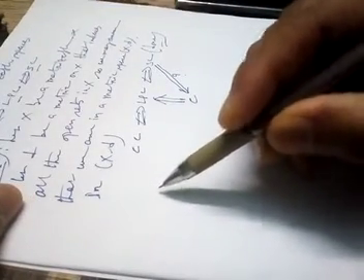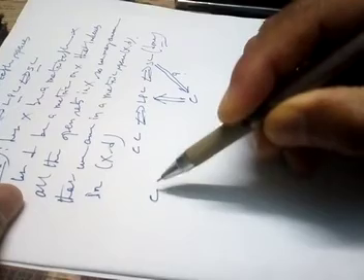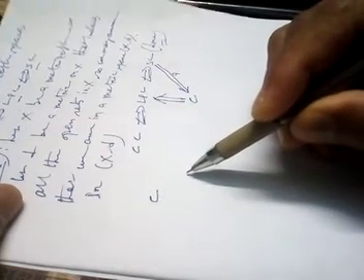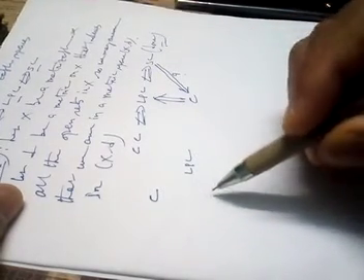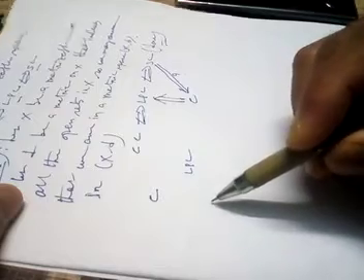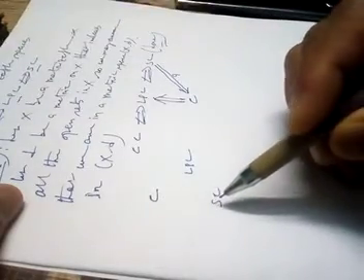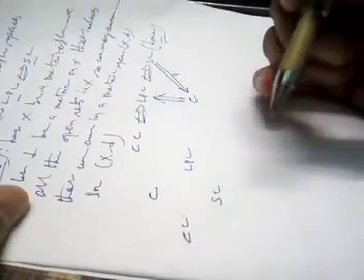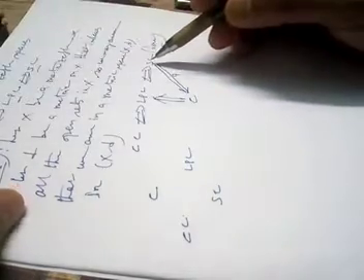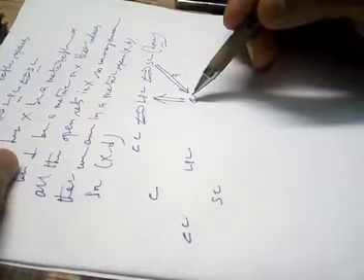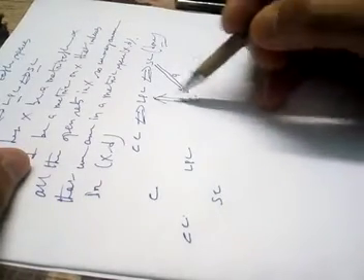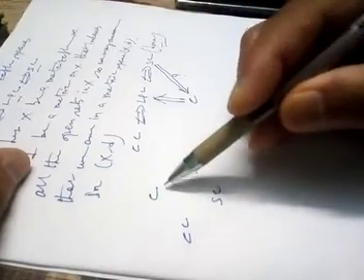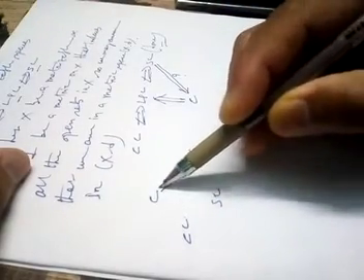Look at this: compactness, limit point compactness, sequential compactness, and countable compactness. If we show sequential compactness implies compactness, then what happens? Let me show. From this, compactness implies limit point compactness. Fine.